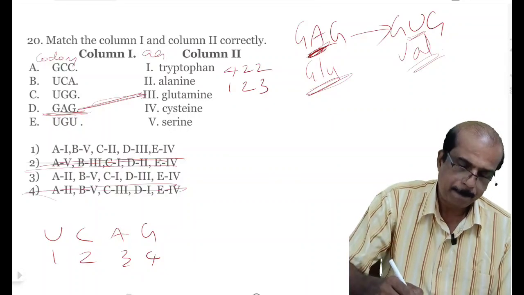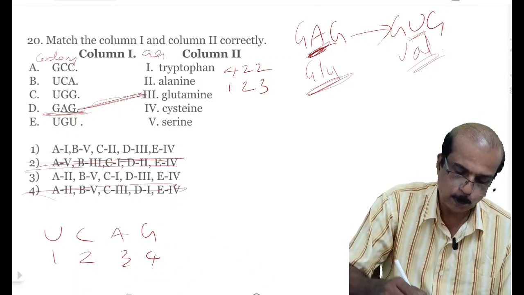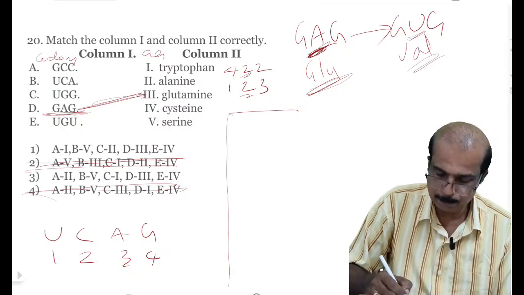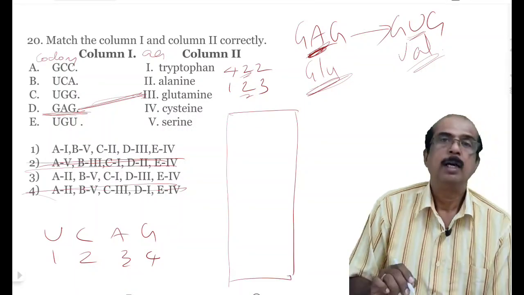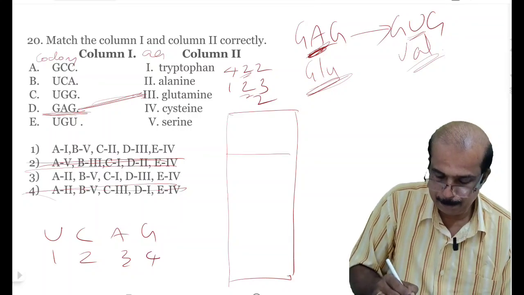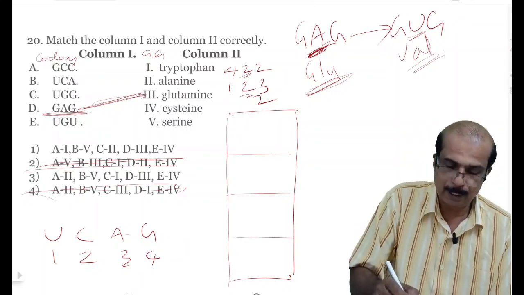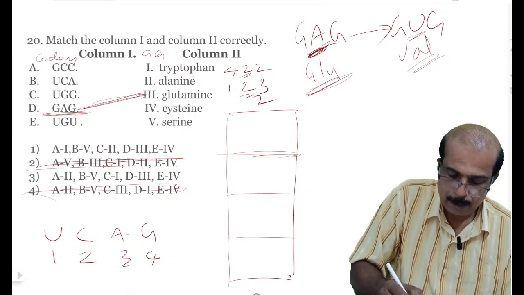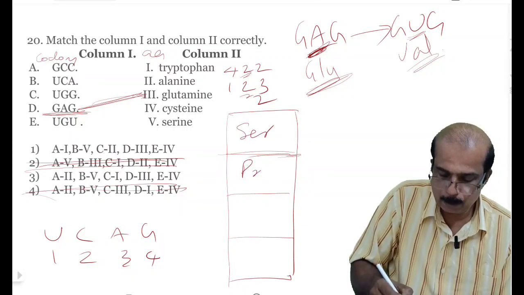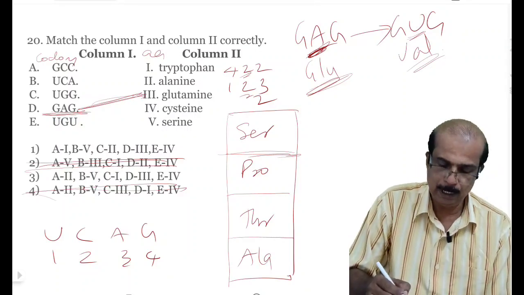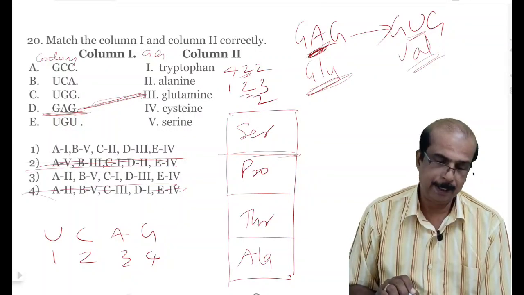We know that the middle number is 2, so it is the second column. You can imagine the amino acids of the second column: serine, proline, threonine and alanine.